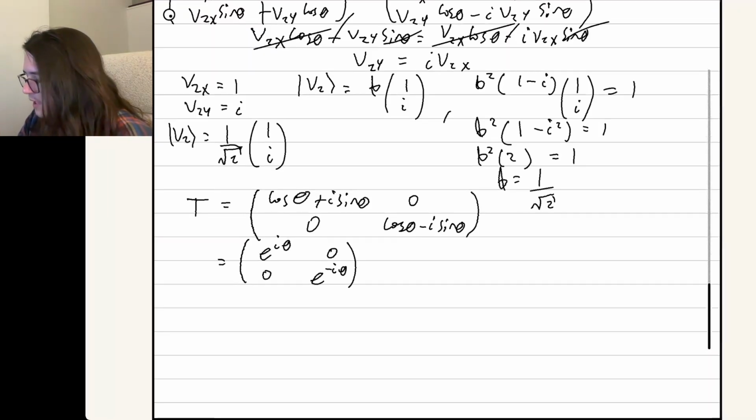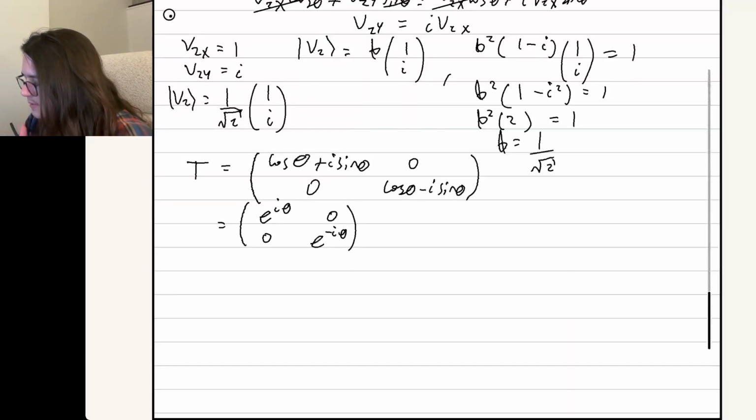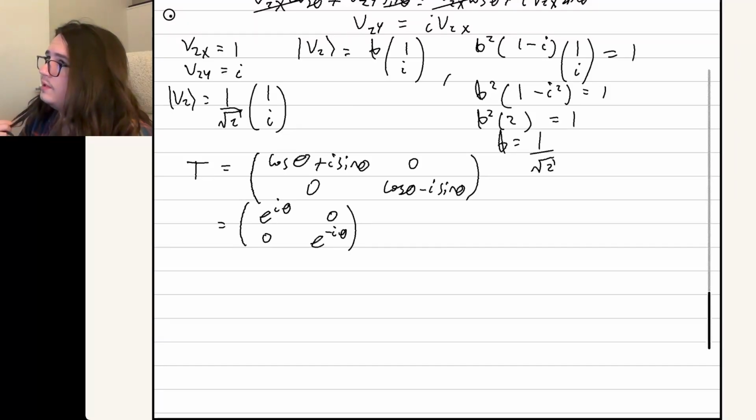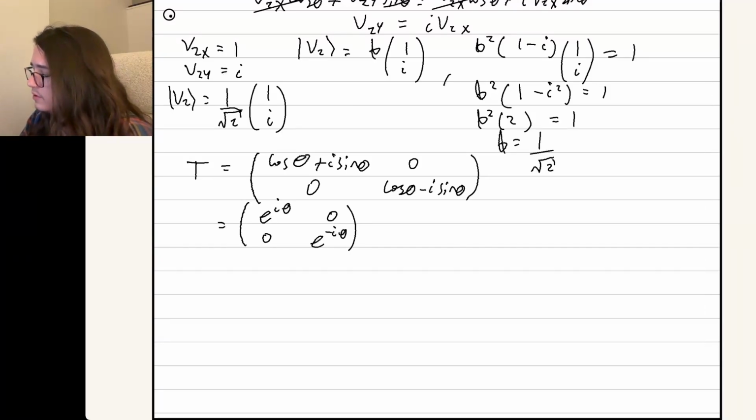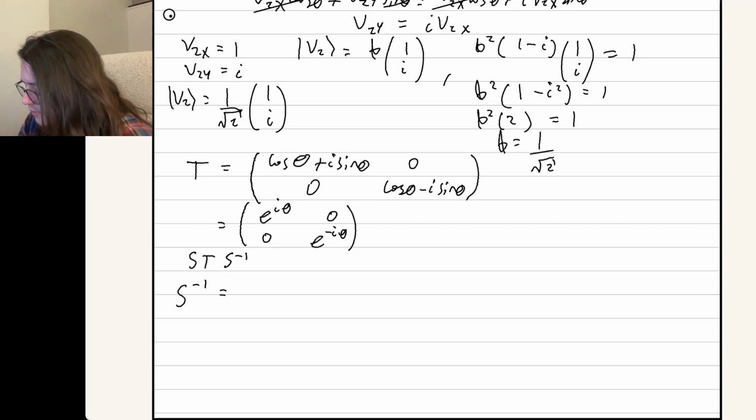So we just have to find the similarity transformation to take it into the new basis, and so we're going to end up doing S times T times S inverse to do it, and S inverse is actually going to be formed by the eigenvectors. So for v1, we found that this was 1 over root 2, and this is i over root 2.